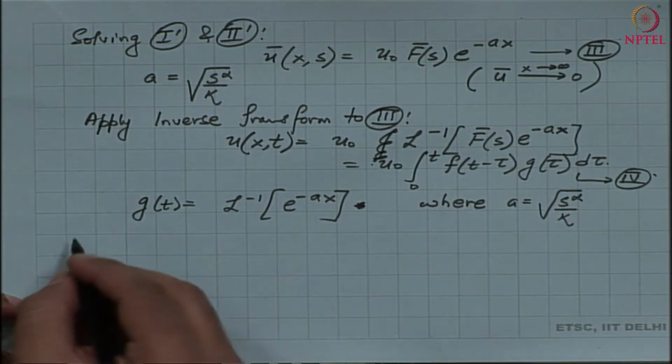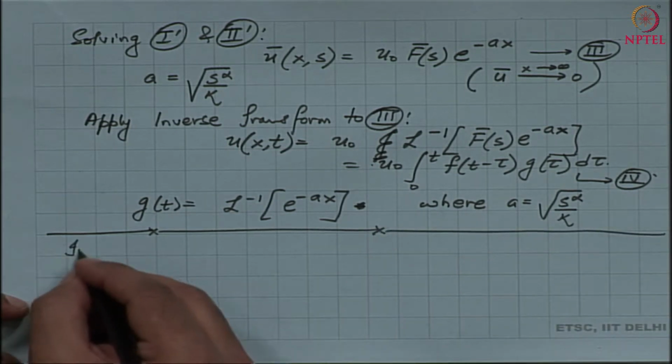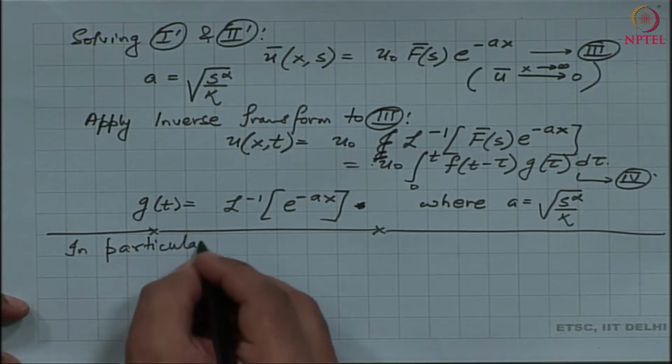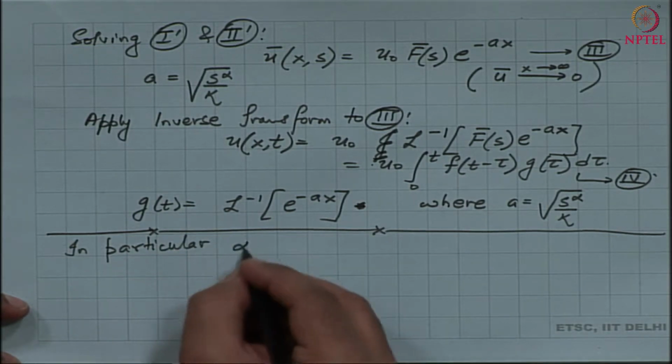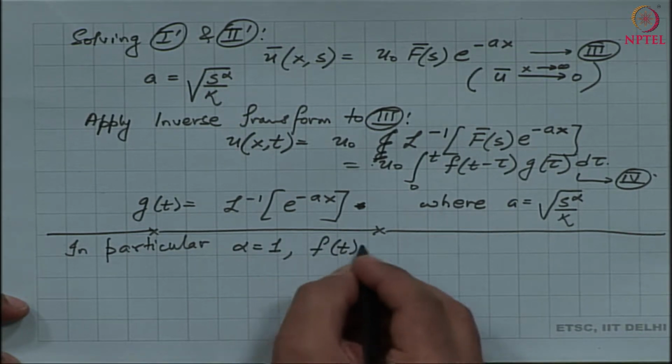Now, in particular I can always discuss a particular case. In particular, if I am given that alpha is 1. So, if I take alpha equal to 1, and let me further for simplification choose f equal to 1.